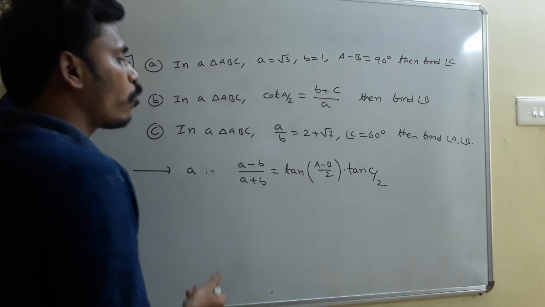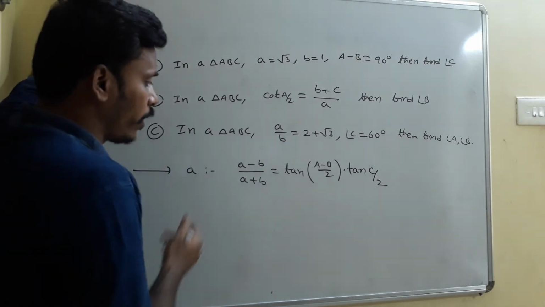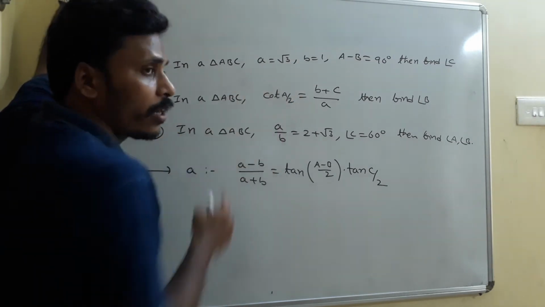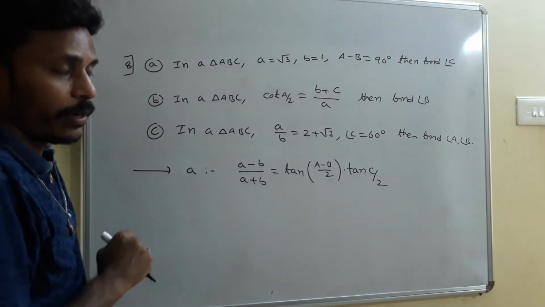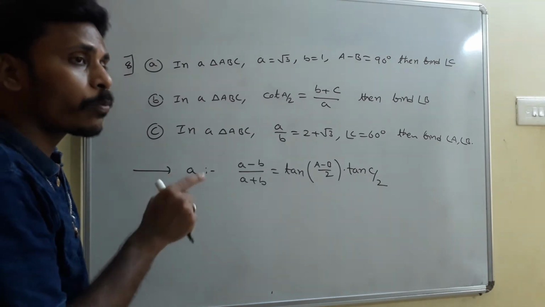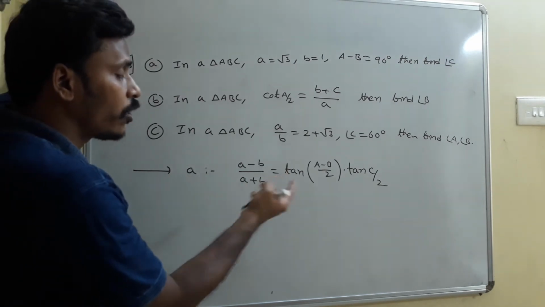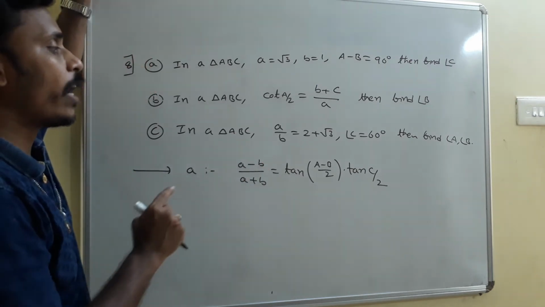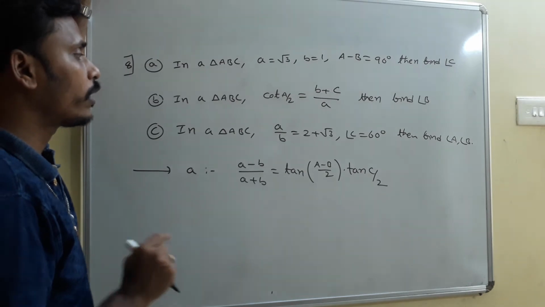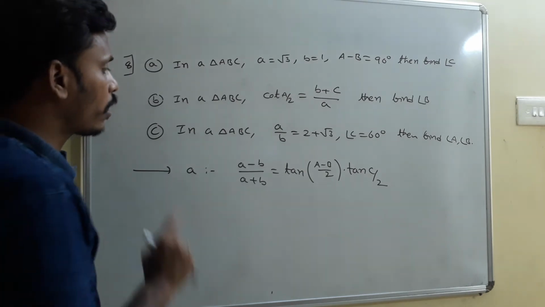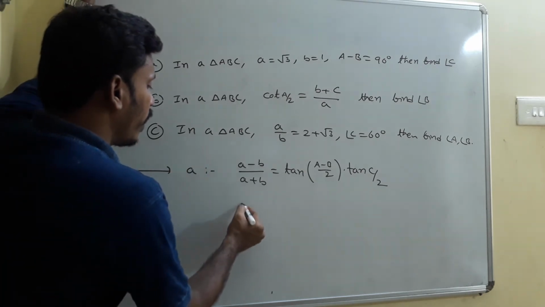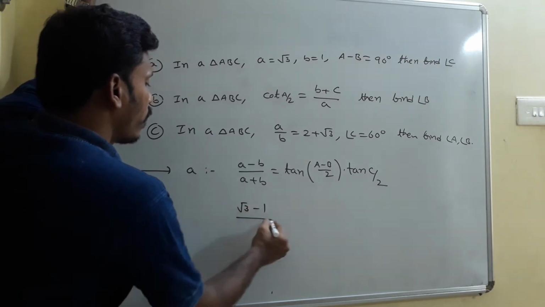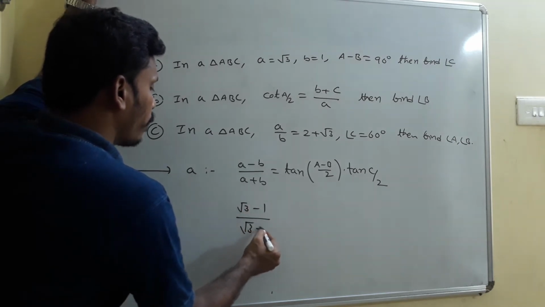Okay. See, using the Mollwide rule is not applicable here, because small a, small b are given, but small c is not given. To use the Mollwide rule, you need small c also. But for the tangent rule, no need of that. So a minus b by a plus b is equal to tan of (a minus b) by 2 into tan c by 2. Is it clear? Now what is a? A is given as root 3 minus 1. B is given as root 3 plus 1.